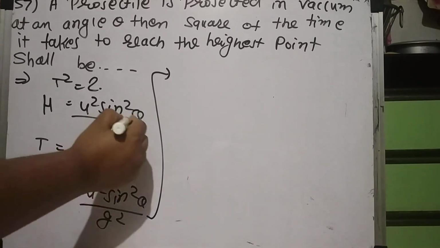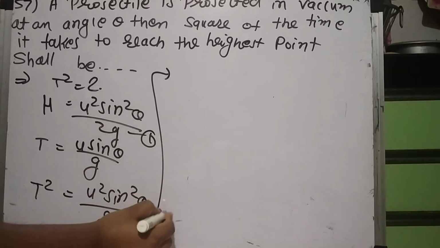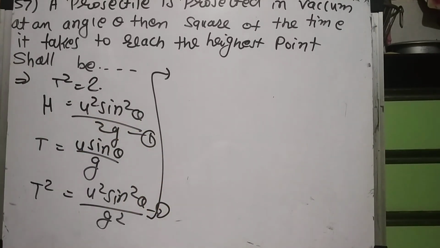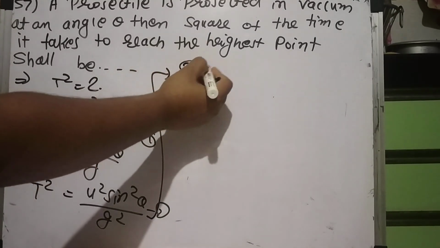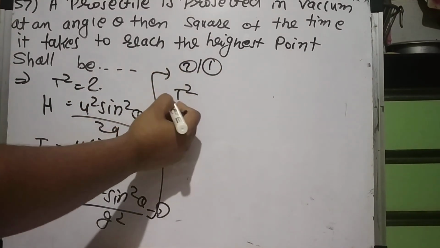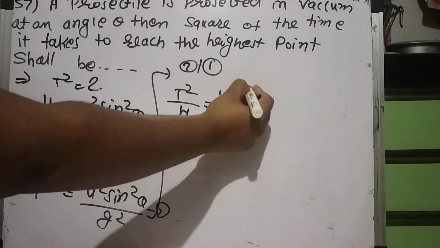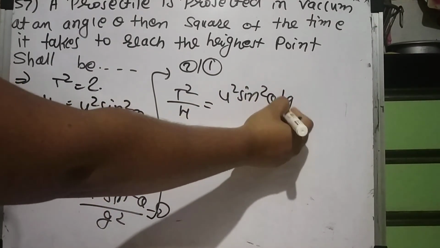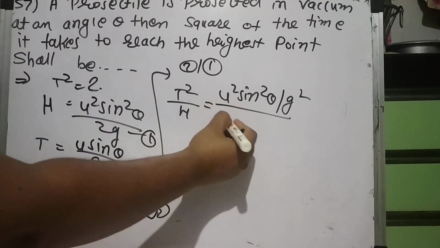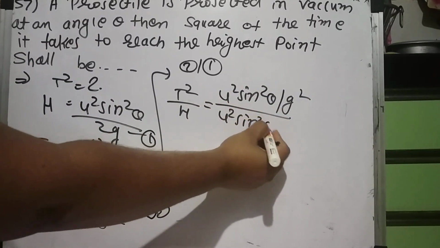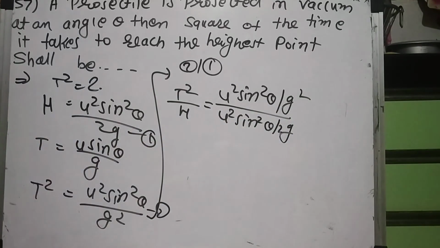This is equation number 2. Dividing equation 2 by equation 1, we get t square divided by h is equal to u square sine square theta divided by g square, and h is u square sine square theta divided by 2g.